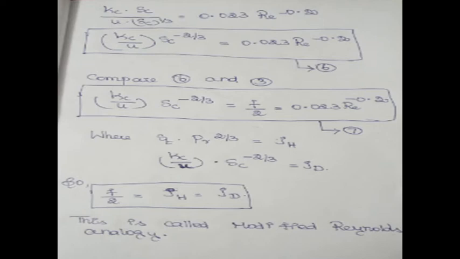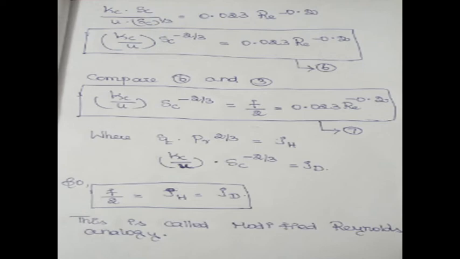So here Kc by u, Sc power 1 in the numerator, Sc power 1/3 in the denominator. So 1 minus 1/3, Sc power minus 2/3. This is the LHS, and the RHS is 0.023 Reynolds power minus 0.2. This is the sixth expression.